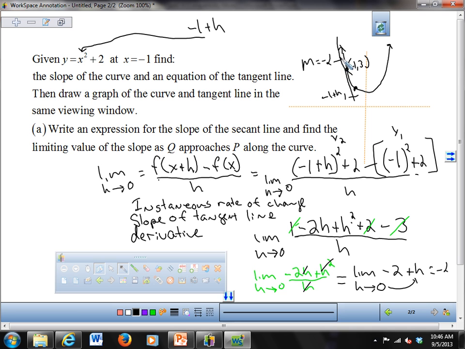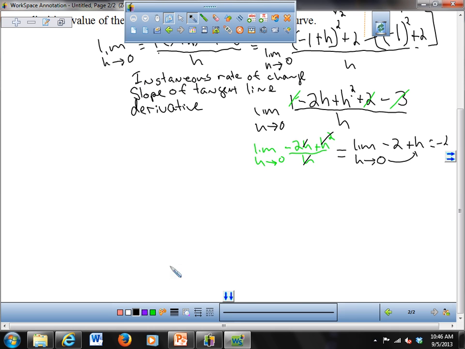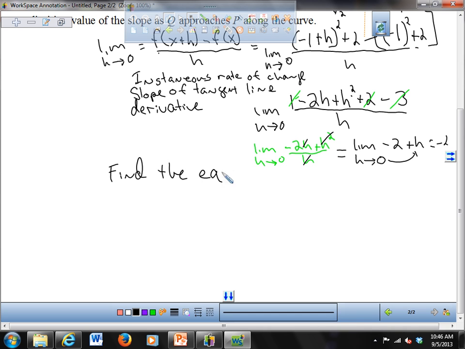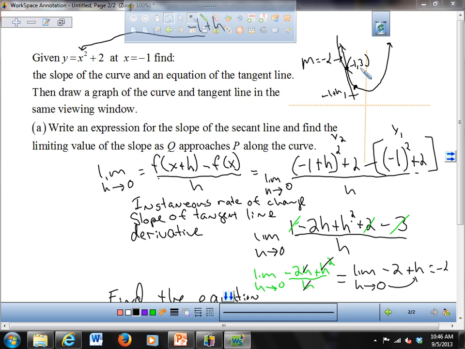This line right there. And then they might ask you to find the equation. So the next step would be to find the equation of the tangent line. What I know from up here is the slope and the point it goes through.